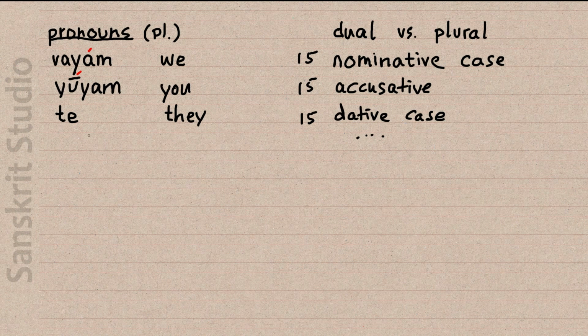So there is no short e. So that's important. It's always te, just as you have yūyam. So it's a long sound, even though it doesn't have a stroke on top of it. All right, so that's one thing.